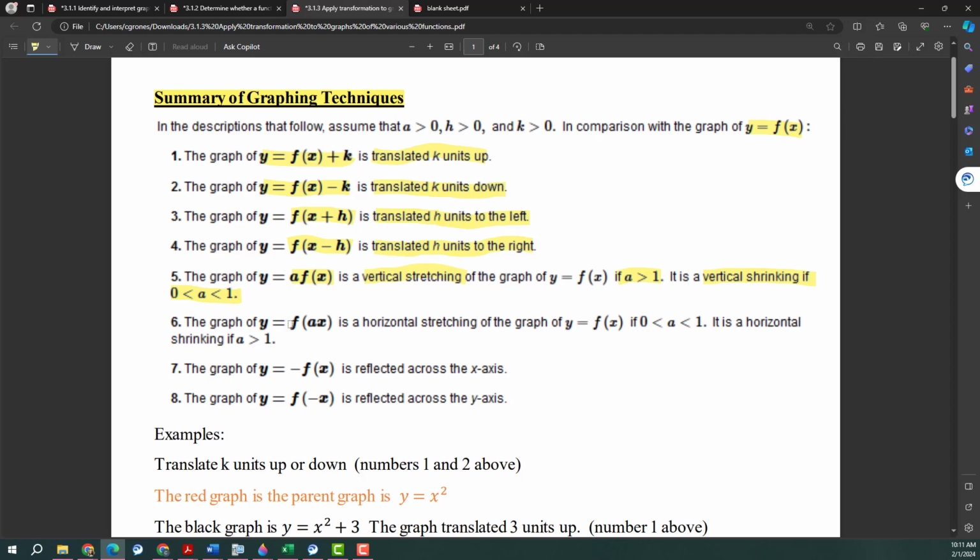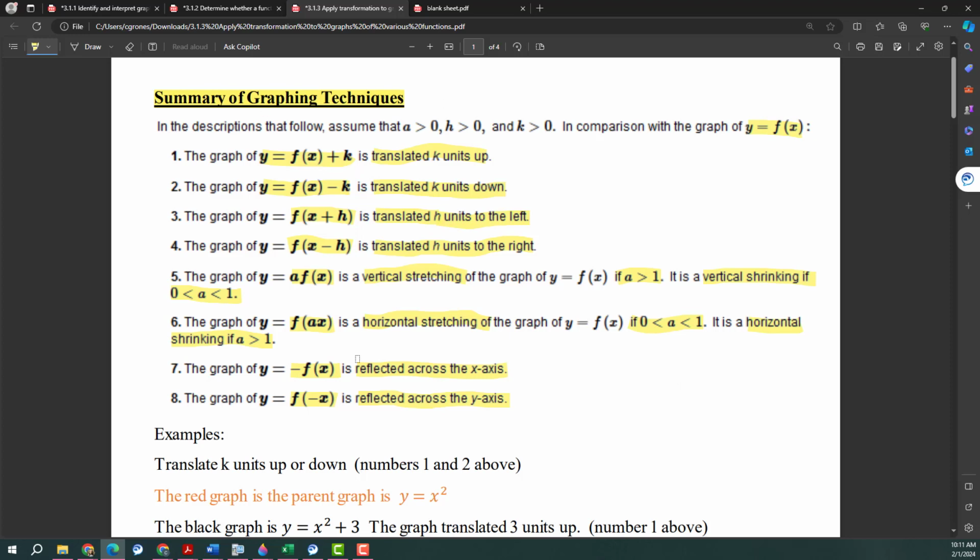The graph of f of a times x is a horizontal stretching if a is between 0 and 1, and it is a horizontal shrinking if a is greater than 1. Whenever it says 0 is less than a is less than 1, that means we are going to be looking at a fraction, or like an irrational number. The graph of y equals negative f of x is reflected across the x-axis. And f of negative x is reflected across the y-axis.